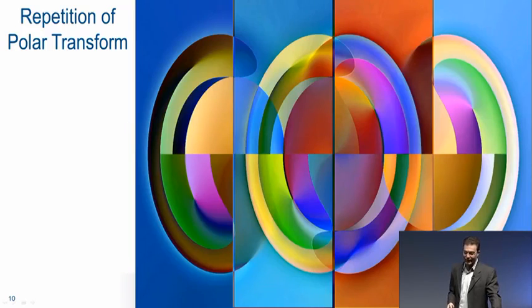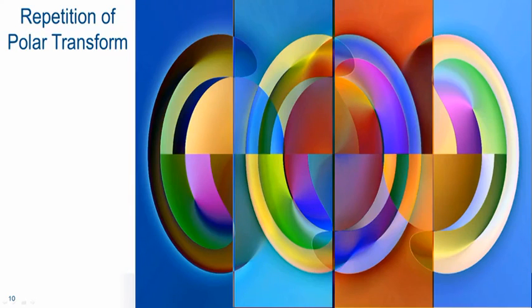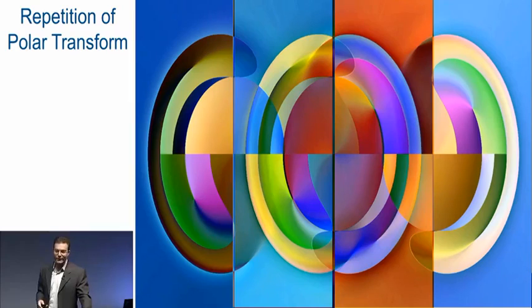Here's another one where the motifs are overlapped in the final image. But again, you can see, if you look carefully, the application of the polar coordinate transformation having stretched and distorted some fairly simple starting shapes.